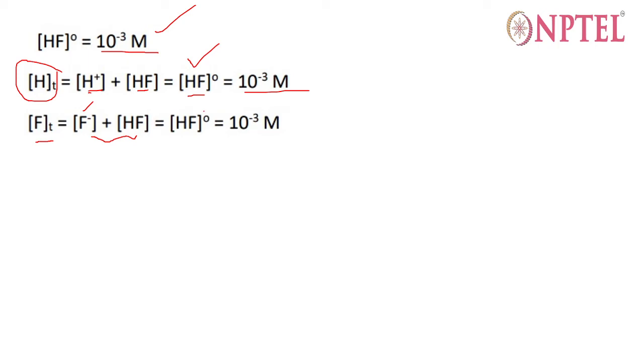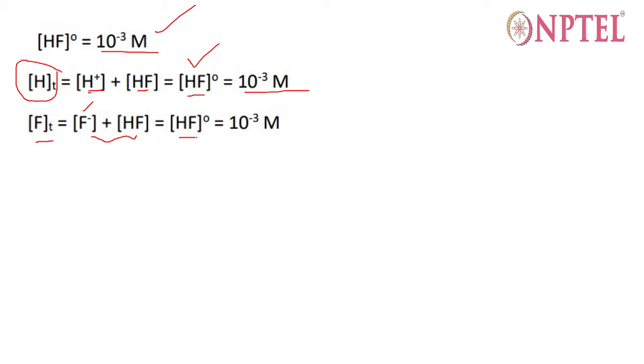And also HF naught will be equal to the F total. Why is this so? Because in case of fluoride ion, or any form of fluoride, it might be hydrofluoric acid. It is coming from the initial hydrofluoric acid source which we have added.